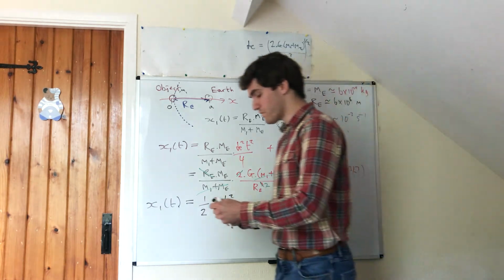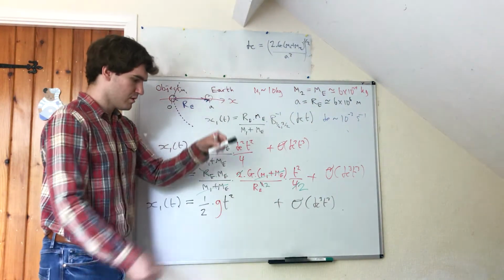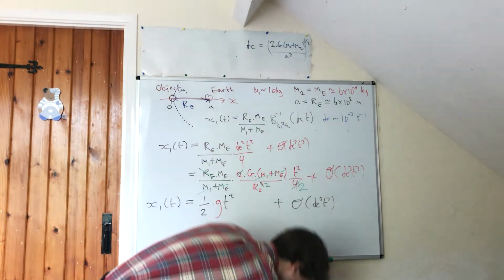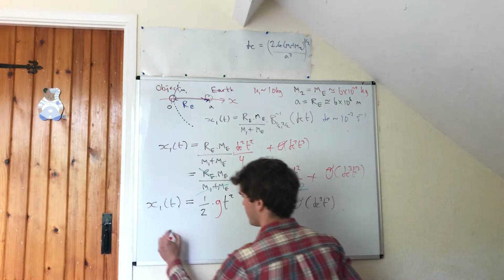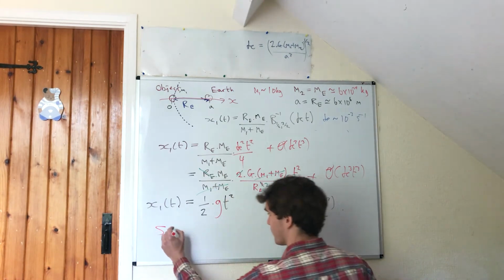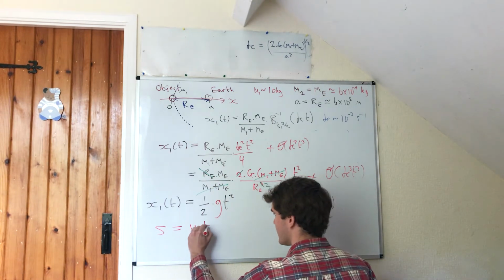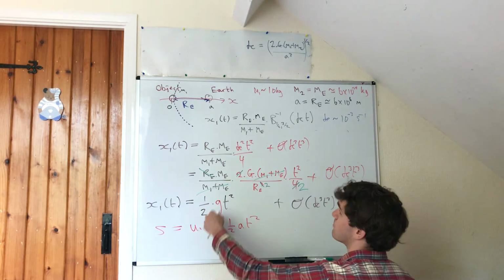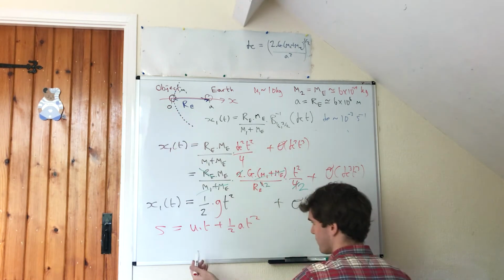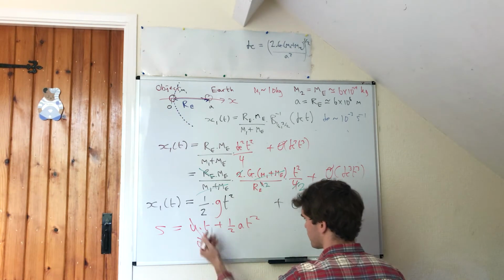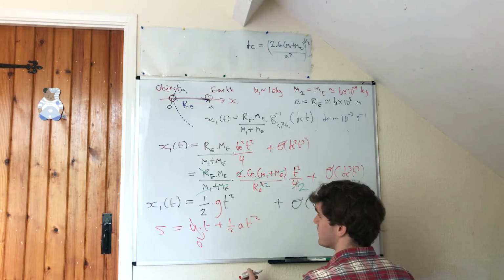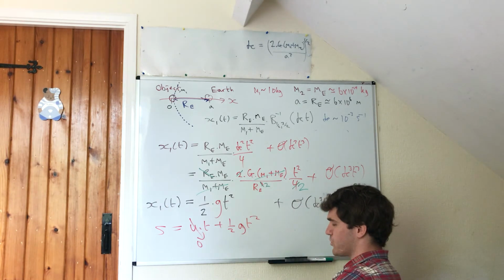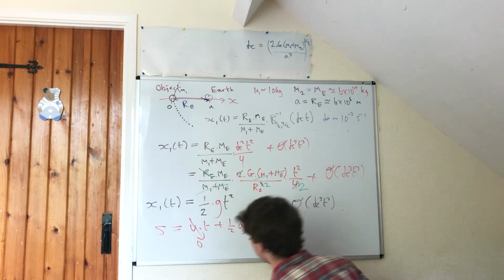Well, when something moves close to the Earth's surface, it can be modelled by the constant acceleration equations. The constant acceleration equation for displacement, and hopefully you all know this, is s equals ut plus half at squared. In this problem, the initial velocity is 0, because that's what we defined in our initial conditions when we solved it. And a is equal to g, because when something's moving towards the Earth, g is also known as the acceleration due to gravity.